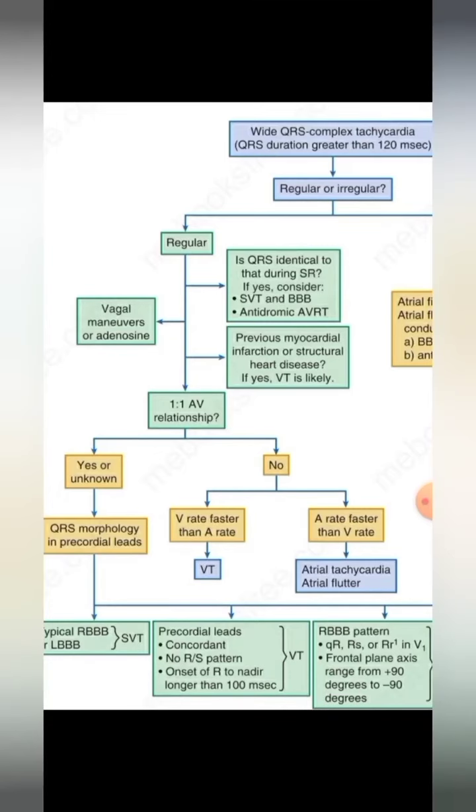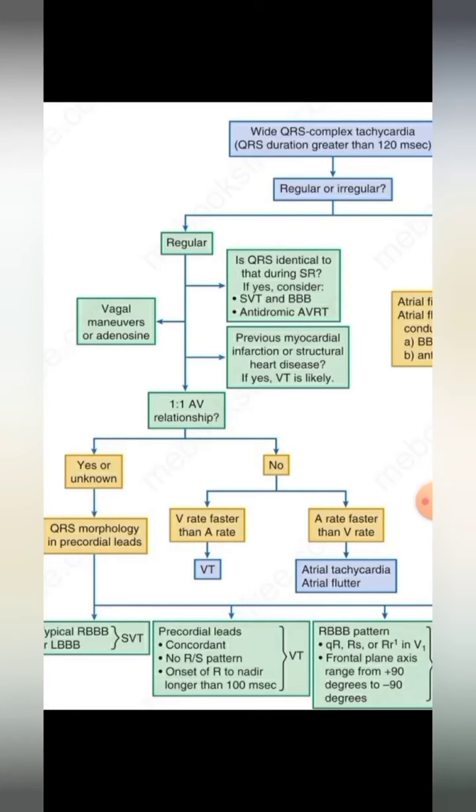If yes, then we may consider it as an SVT with bundle branch block or SVT with antidromic AVRT, which has been discussed in the other video as well. Second, we can perform a vagal maneuver, the carotid sinus massage, or even give an adenosine injection. If it reverts back to normal sinus rhythm, it is most likely not VT, it's an SVT.